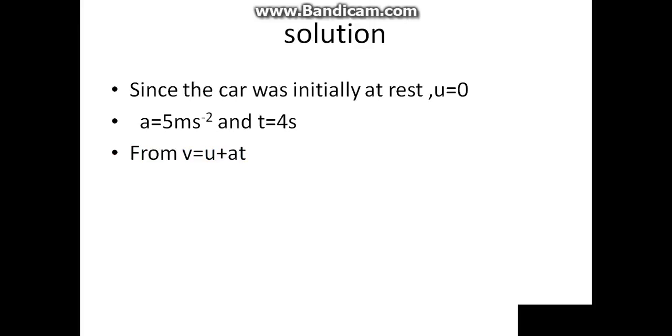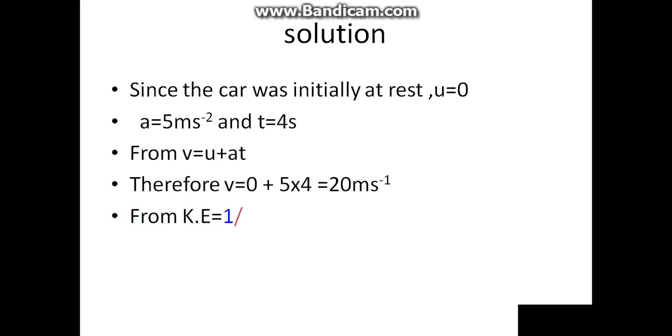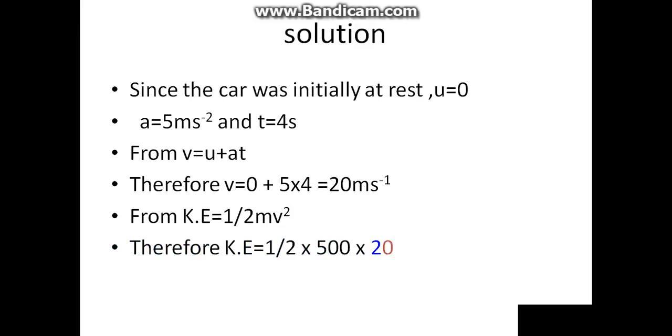From the first equation of motion, v is equal to u plus at. Therefore, v is equal to 0 plus 5 times 4, which is equal to 20 meters per second. From kinetic energy, half mv squared, KE is equal to half times 500 times 20 squared, which gives us 100,000 joules, or 10 raised to power 5 joules.